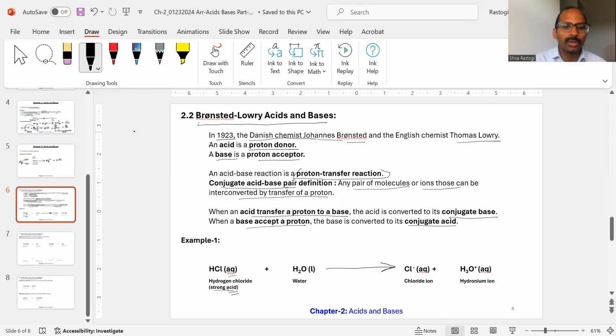It is a proton donor. And this water behaves as a base because it is accepting a proton. So it is a proton acceptor.